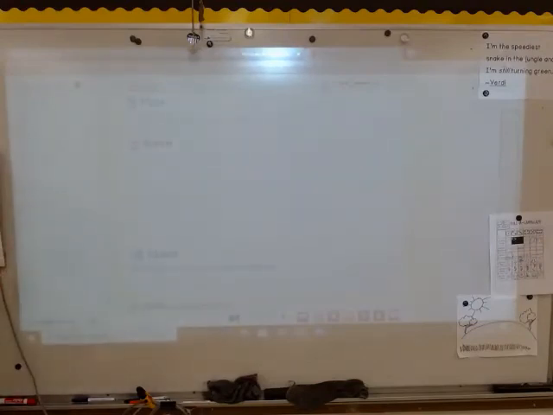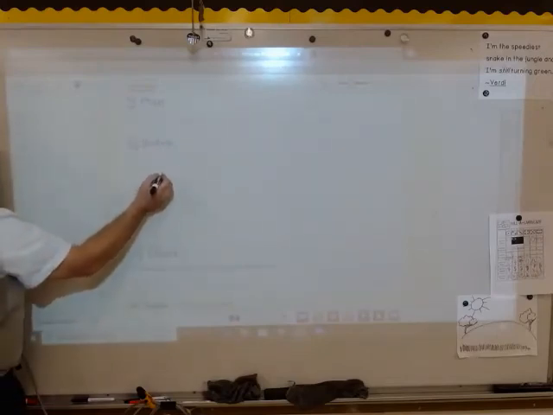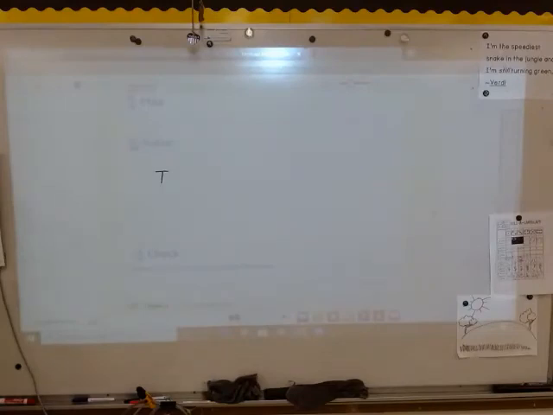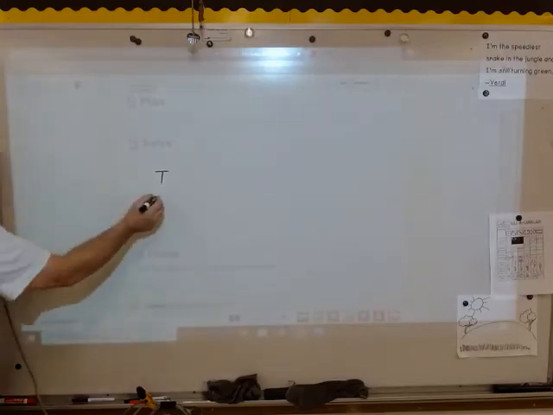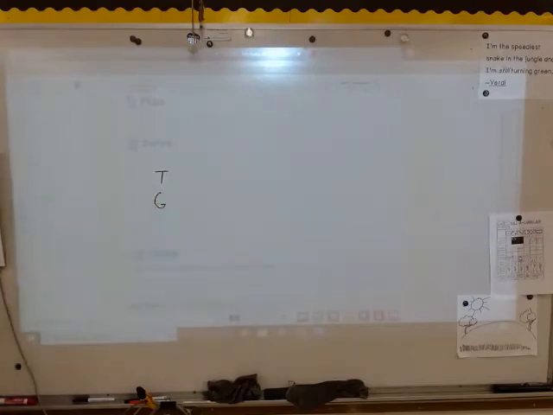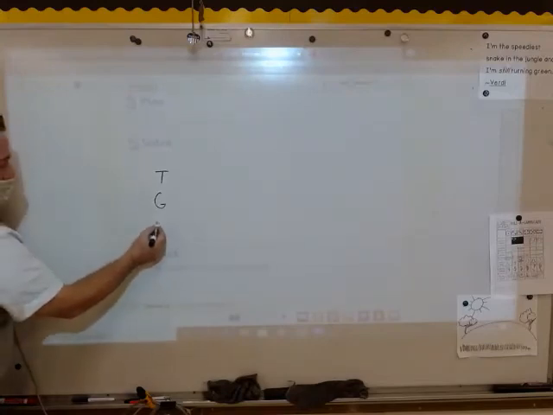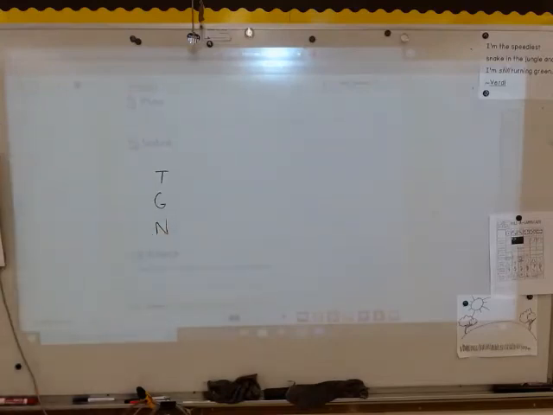Down here in the solve part, put a T kind of near the top, kind of up in this area. The next thing is a grilled cheese sandwich, so I'm going to put G under that. Then I'm going to put down, is it noodles? Yeah. N for noodles. Okay?